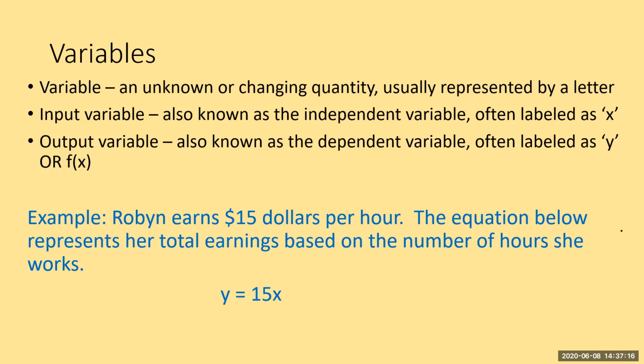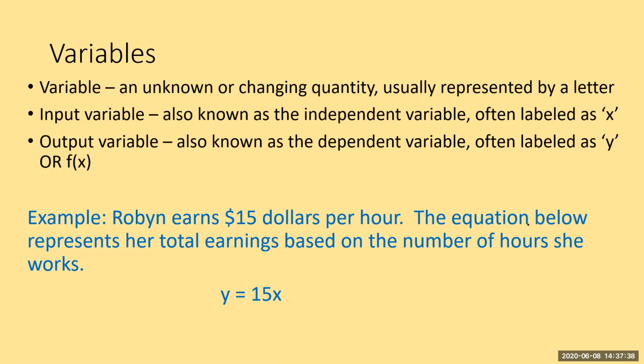So if we return to this idea of functions where it's a relationship between input and output, well, those inputs and outputs are two variables. Each of them is an unknown or a potentially changing quantity, okay?